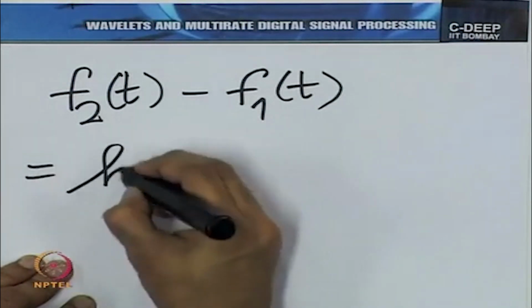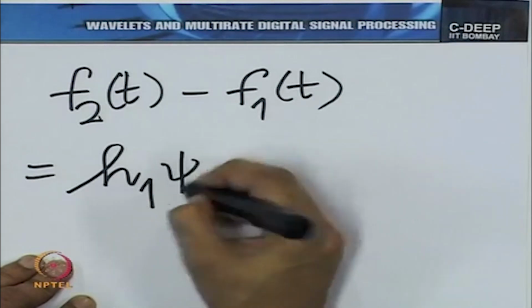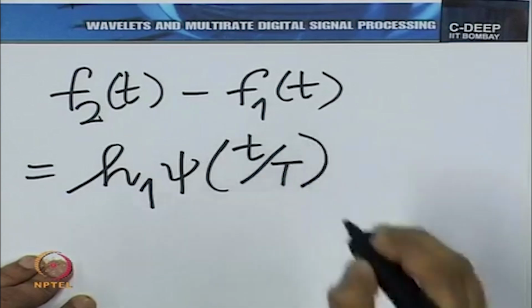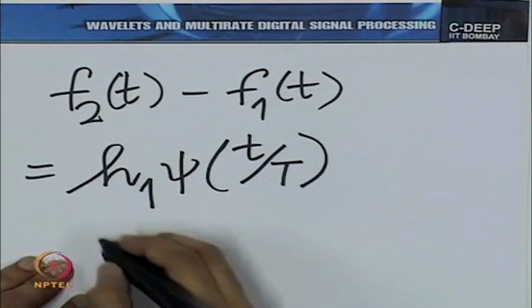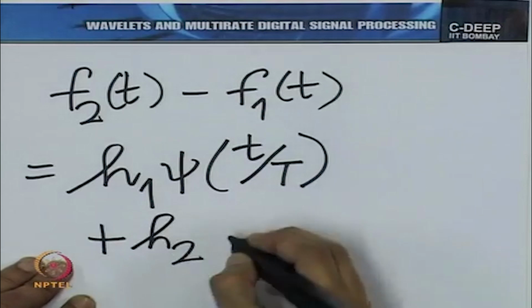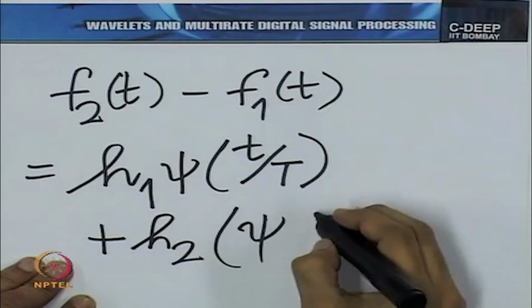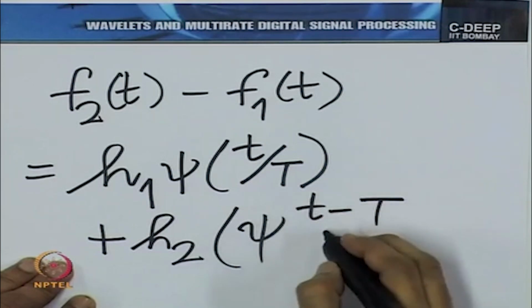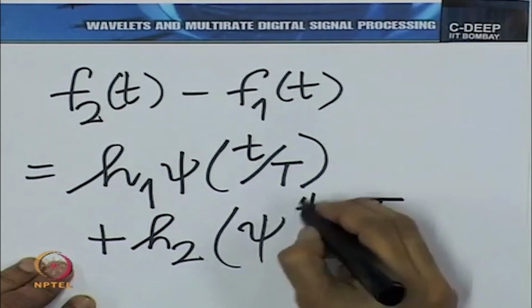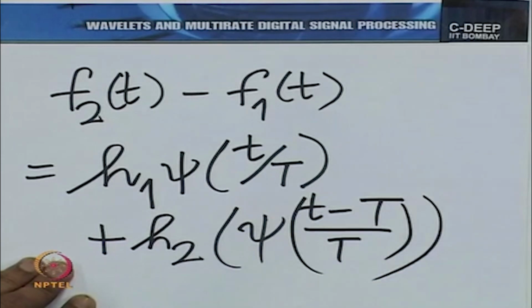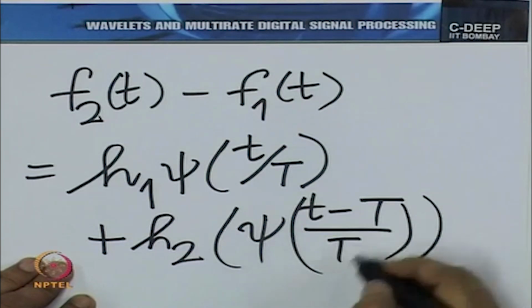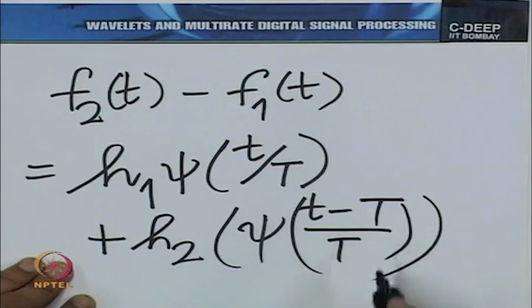Some h1 times psi of t dilated by T, plus h2 times psi of t minus T, dilated by T. So, here this is both dilated and translated, all right.